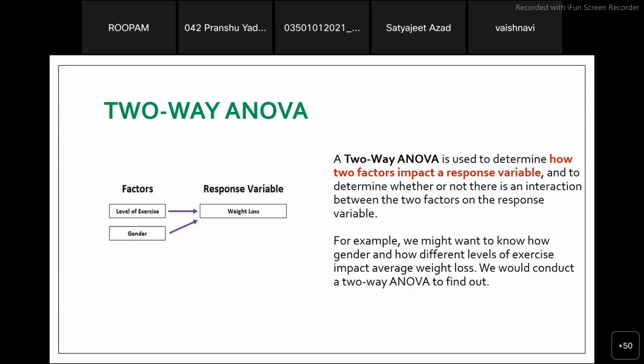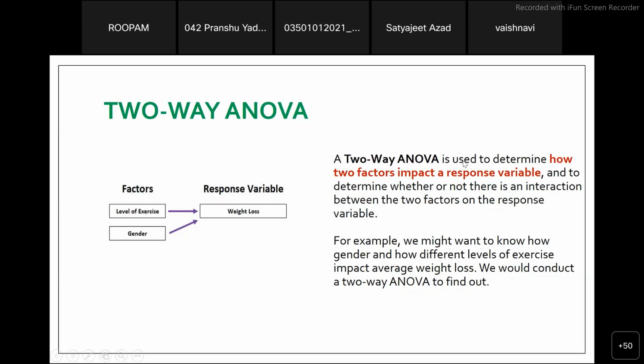Based on those two factors, if that is a gym owner, he will try to check what kind of exercise to give, if they are male or female, so that it can help in weight loss. So they will check the impact of level of exercise and gender on weight loss.